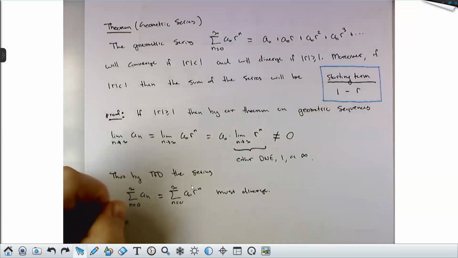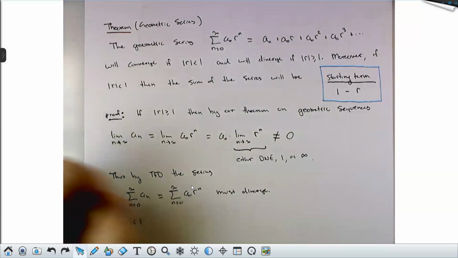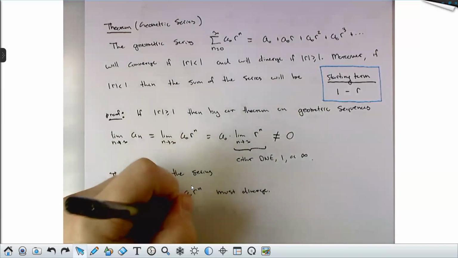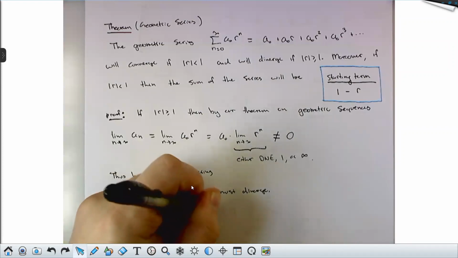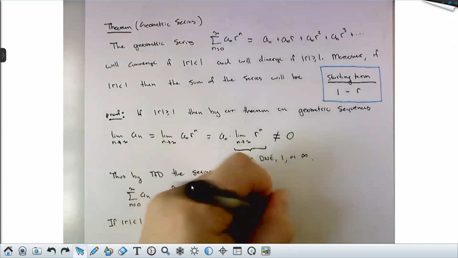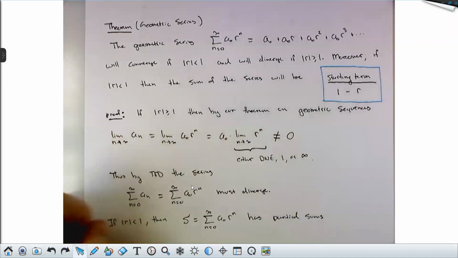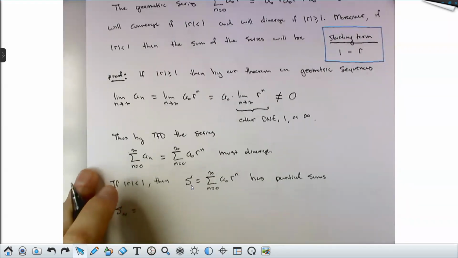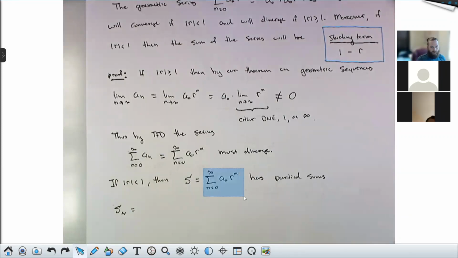If the absolute value of r is strictly less than 1, then our series S equals sigma n from 0 to infinity a naught times r to the n, which has partial sums S sub capital N. Let's see, what is the capital N partial sum of this series?